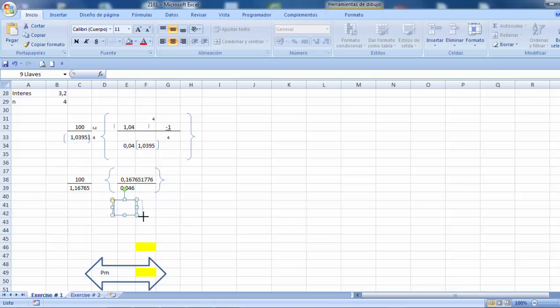Now we divide by 100 and then divide the rates, to get 3.634.